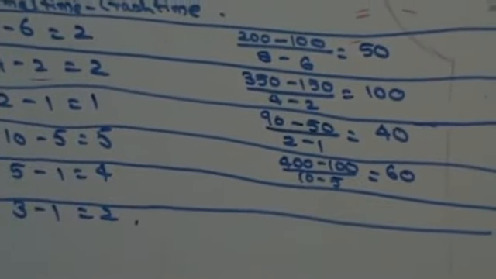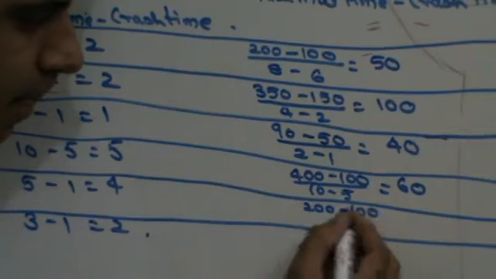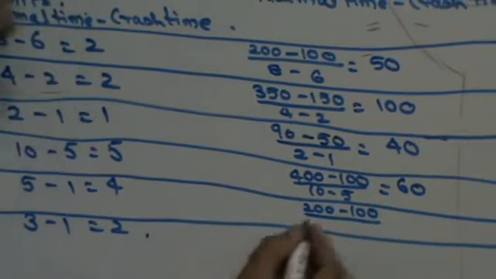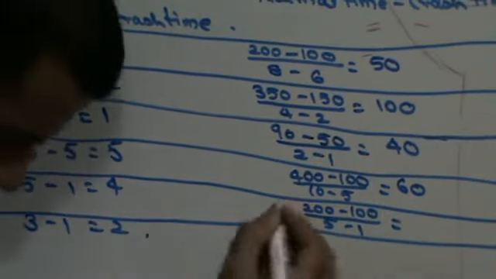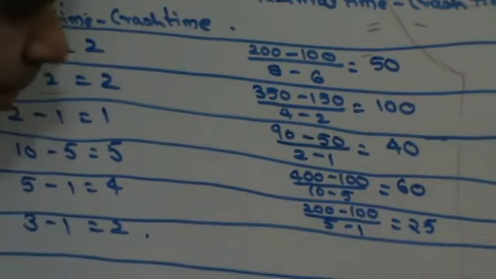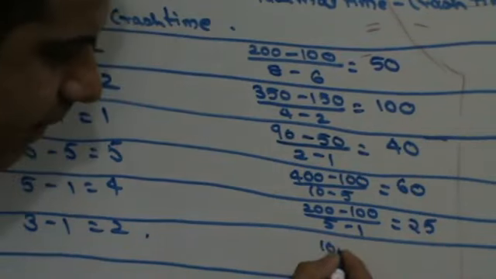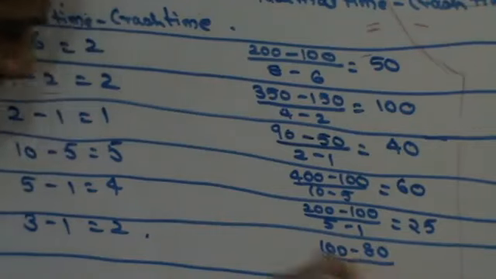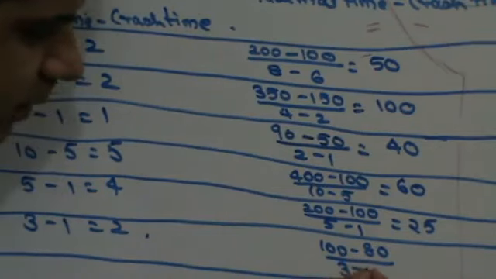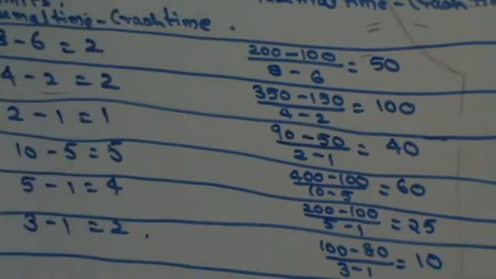Then you have 3 to 4, that is 200 minus 100 upon 5 minus 1, 100 divided by 4, that is 25. And finally you are going to have 100 minus 80 upon 3 minus 1, right? That's 20 upon 2, that is 10.